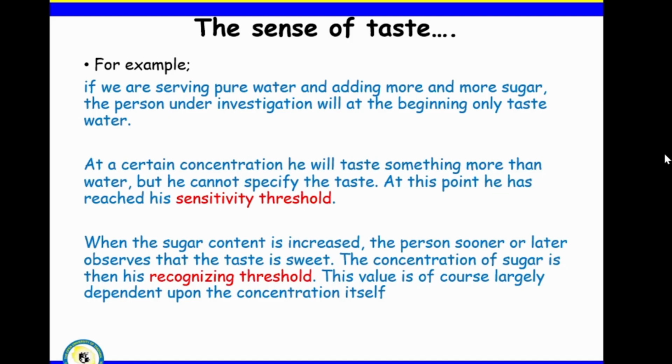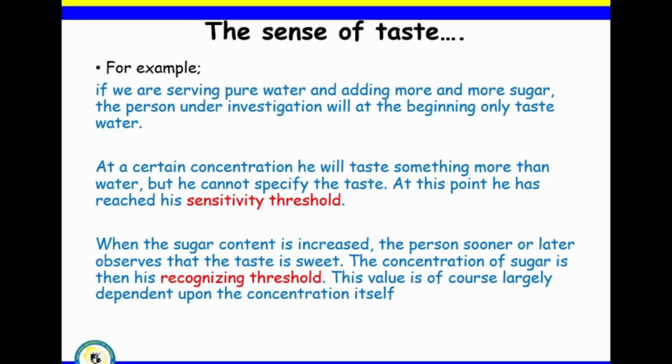At this point, he has reached his sensitivity threshold. That's the smallest concentration whereby he can say that this is not water. There is something in it, although he cannot recognize specifically what is in it. It depends upon the concentration itself.